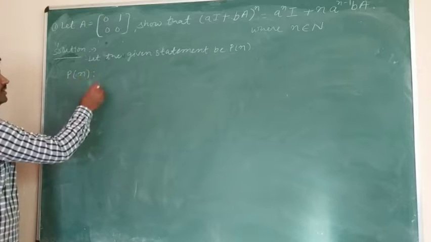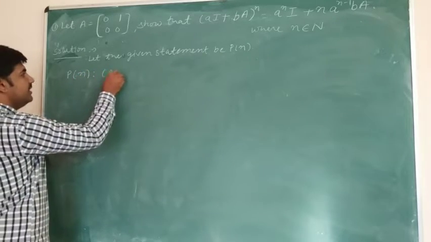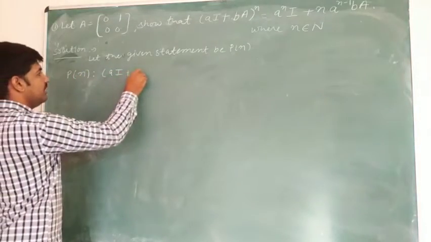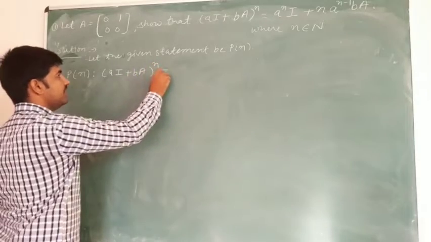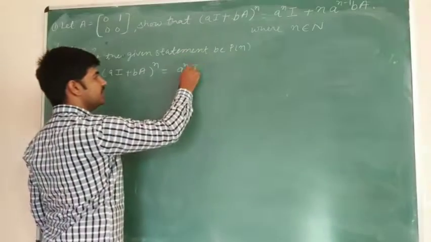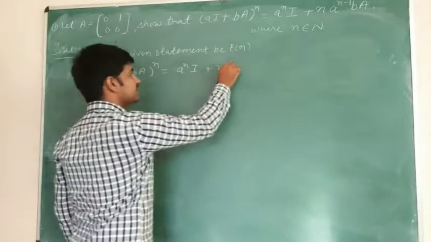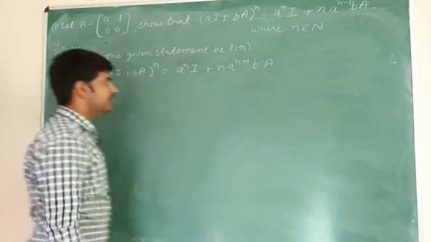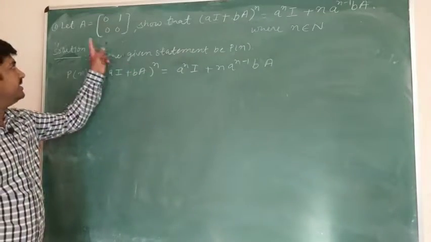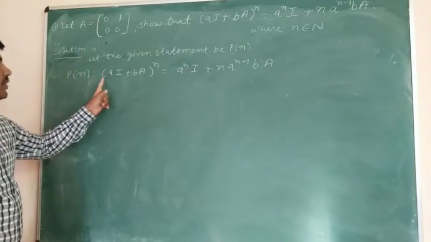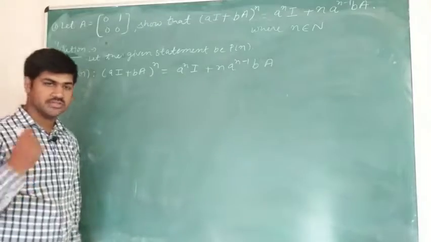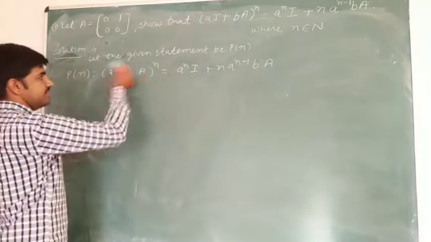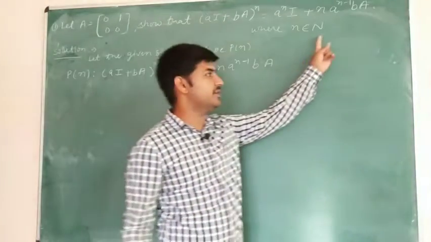The given statement is (aI + bA) raised to the power n is equal to a raised to the power n times I plus n times a raised to the power n minus 1 times b times A. Now this capital A is this particular square matrix, small a and small b are some scalars, and n is obviously belonging to the set of natural numbers.